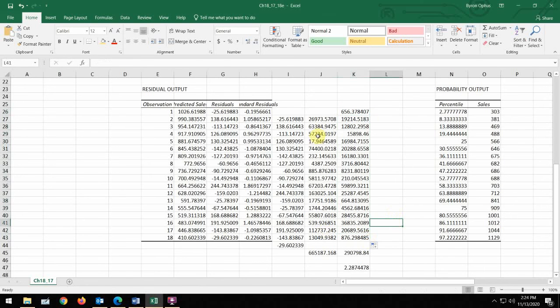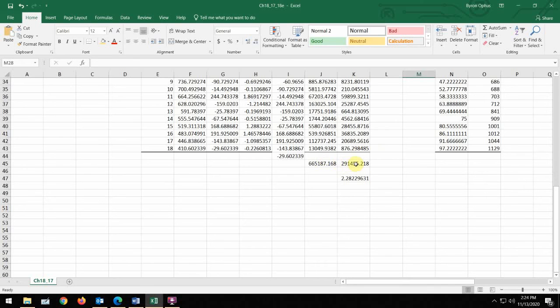Now I just want to total both of these, so I'm going to come here and hit sum, and I sum all of that, boom.